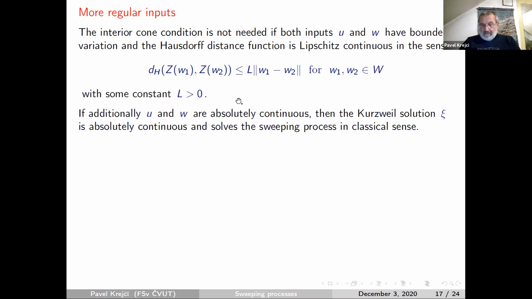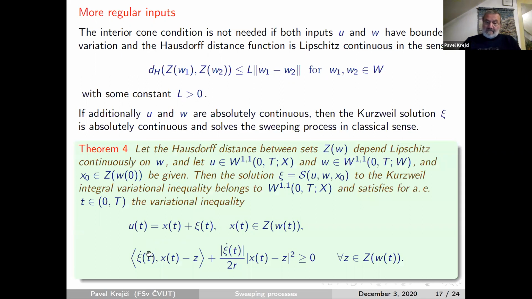Now, what is more interesting is that if u and w are absolutely continuous, then you have to prove that the solution of the Kurzweil integral variational inequality with inputs u and w absolutely continuous, that the output is absolutely continuous as well, and that the pointwise variational inequality is satisfied almost everywhere, because we are in W^{1,1}.